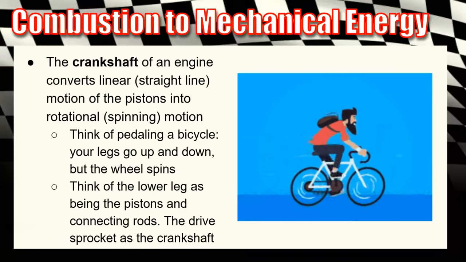Inside the engine of any gas-powered or internal combustion engine is a crankshaft. It's basically the heart of the engine. The crankshaft converts linear, also known as straight line, energy or motion, using those pistons as they're moving up and down, and translates it into rotational energy, which will eventually be sent back to the driving wheels.